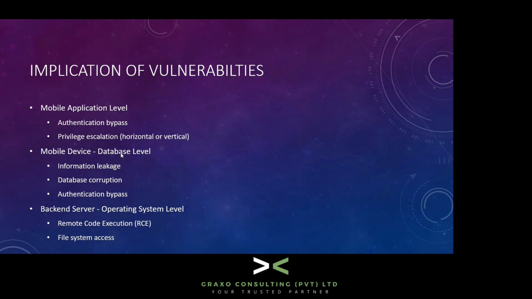At the mobile device level, as I already explained, mobile applications run over a mobile phone, and mobile phones like Android and iOS have SQL-like databases. So if the mobile application is storing data insecurely in the database, what is possible? Yes, you can access the database.